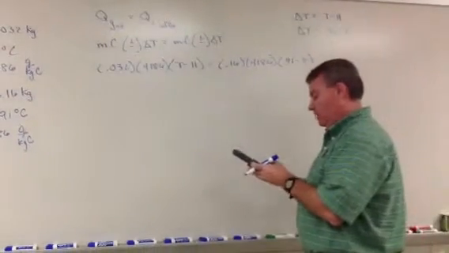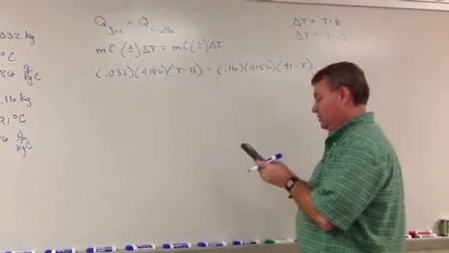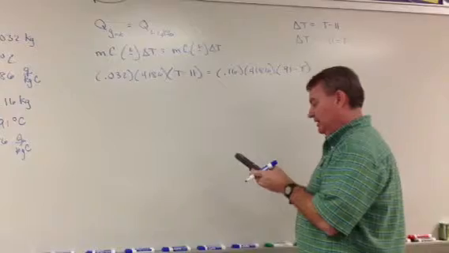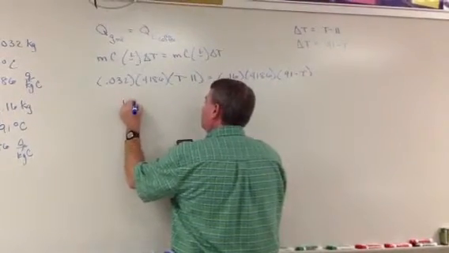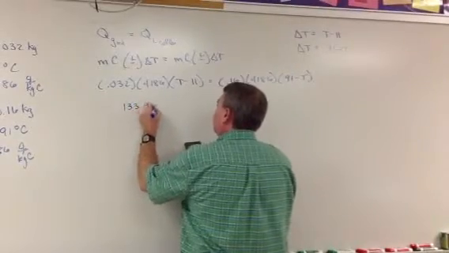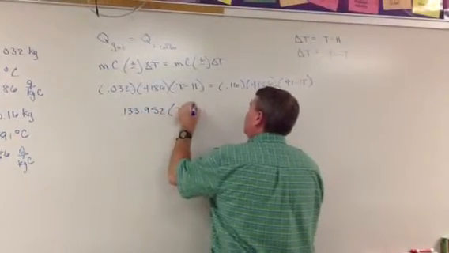You have 0.032 times 4186, and you get 133.952 times T minus 11.